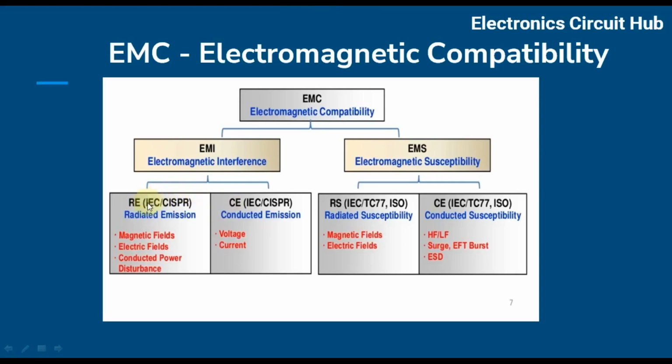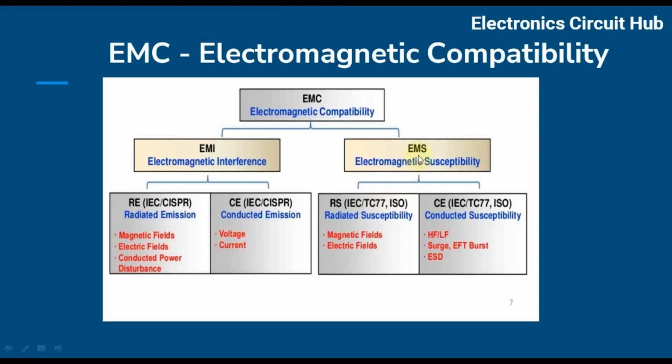Under the radiated emission, you may have your magnetic field, electric field, and radiated power disturbance. All these things come under radiated emission. Under the conducted emission, it's in the form of voltage and current.